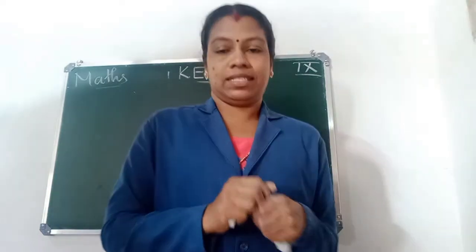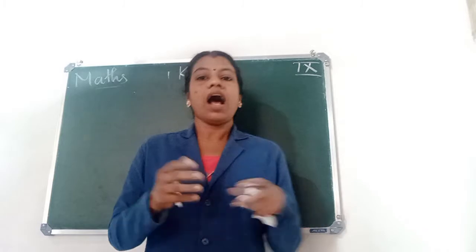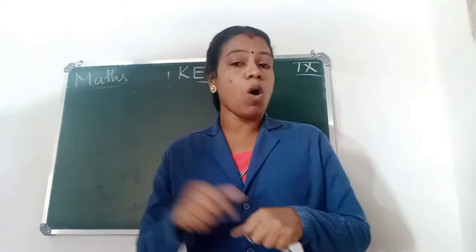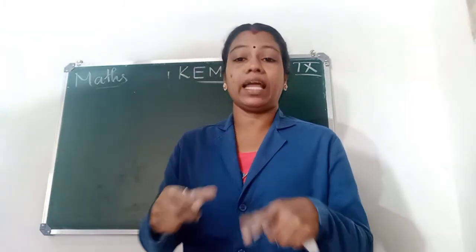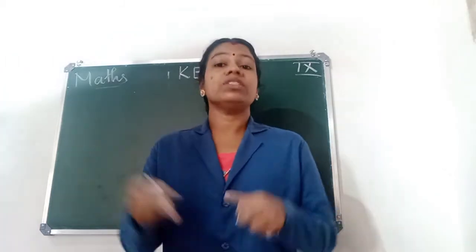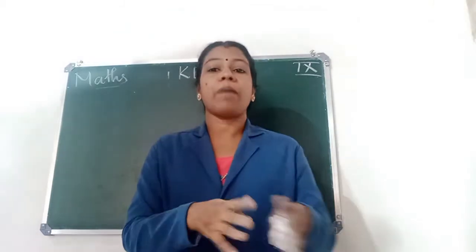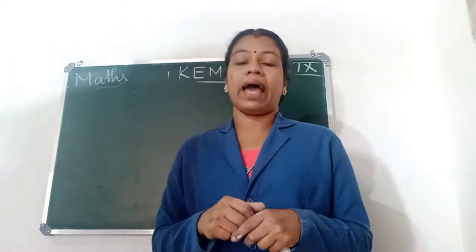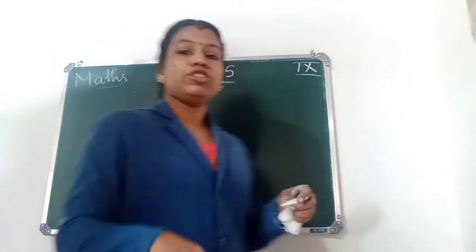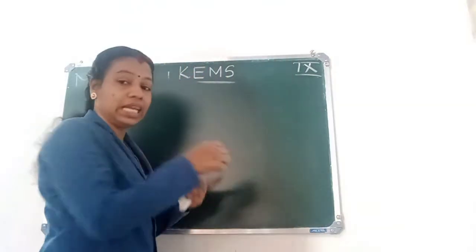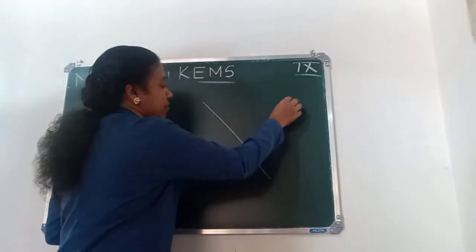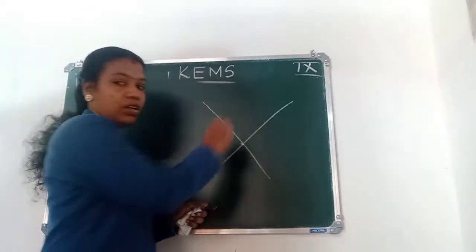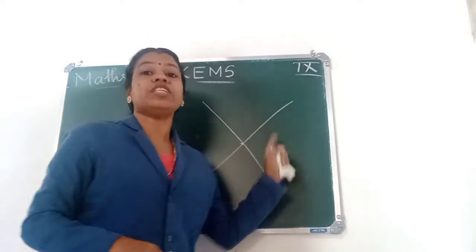So two lines are said to be intersecting if a common point can be found through which the two lines pass.